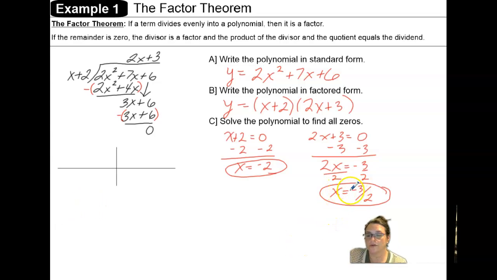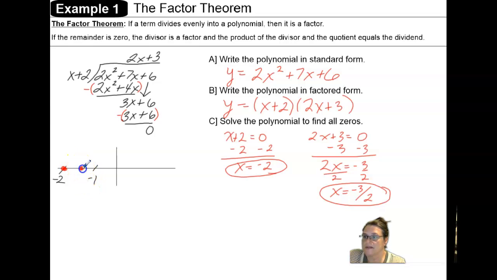So when I go to graph these two zeros and my polynomial 2x squared plus 7x plus 6, I need to go to my x-axis, and I'll have tick marks at -2 and -1. There is a cross at -2 because my factor is linear. And then -3 over 2, that's -1.5.